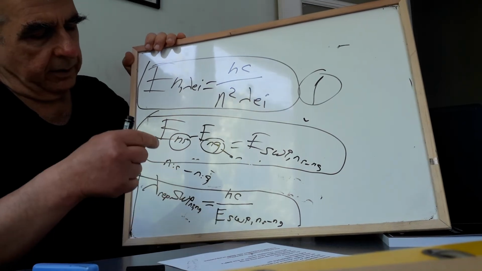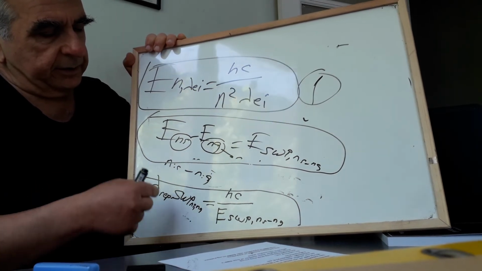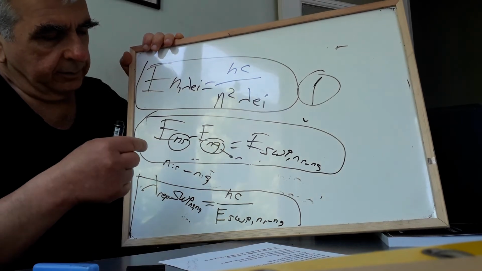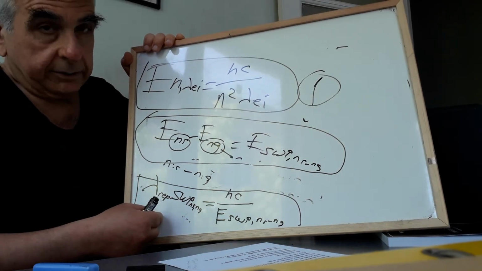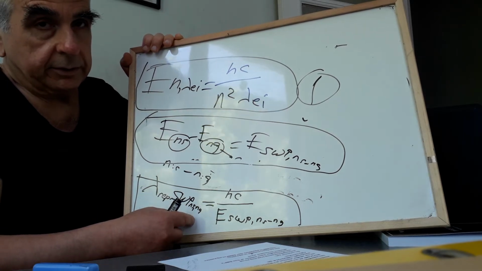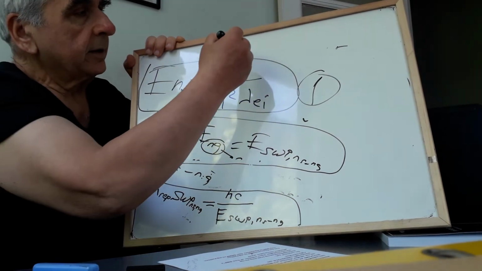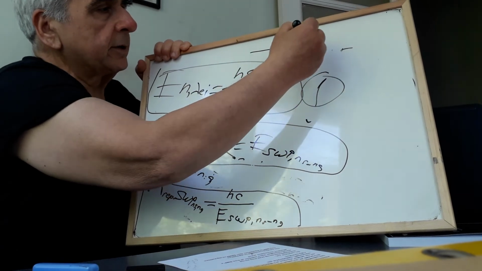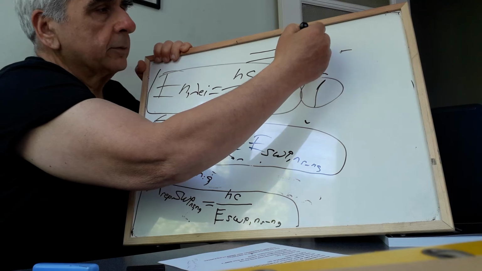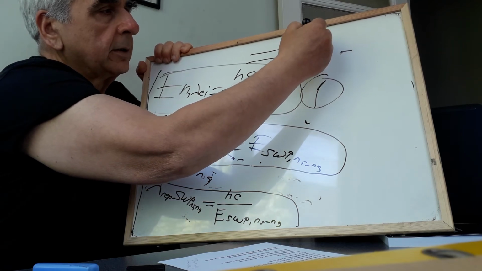Here, representative single wave pulses wavelength between n smaller and greater is spectral line value. Okay.